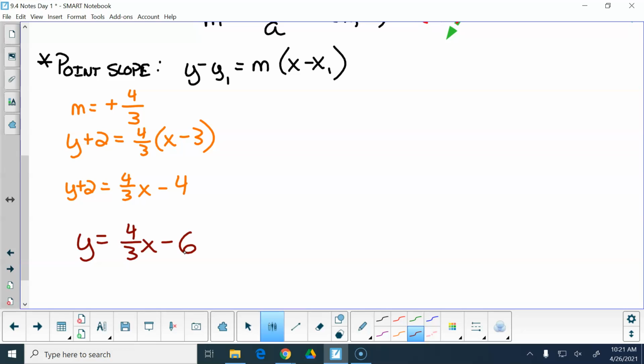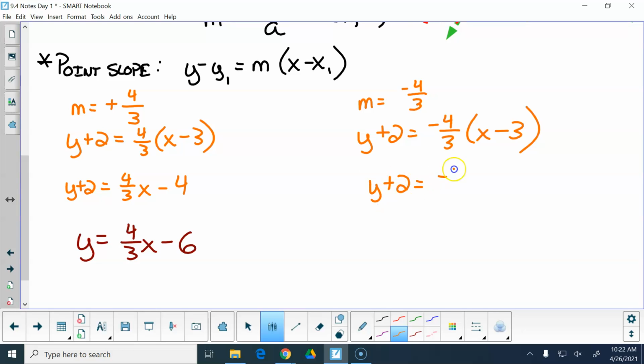Then I've got to do it for the other asymptote, which has a slope of negative 4/3. So we just change the slope to a negative. Distribute again. Again, subtract 2.